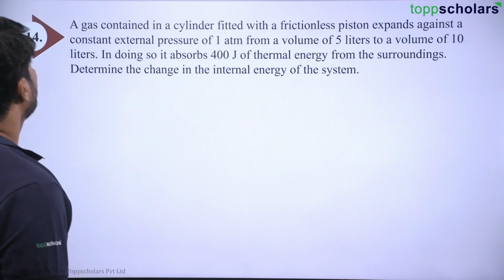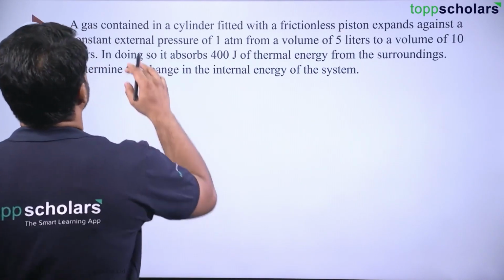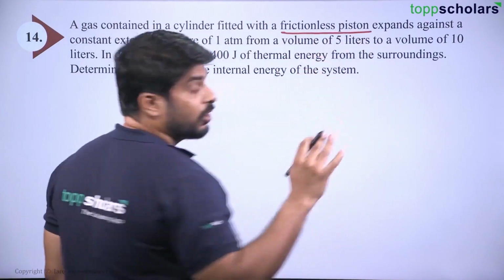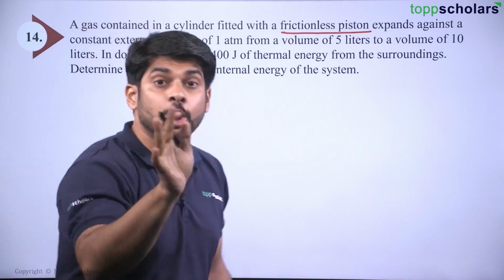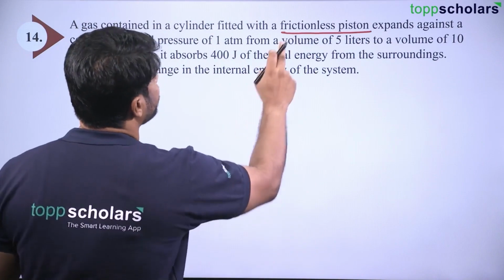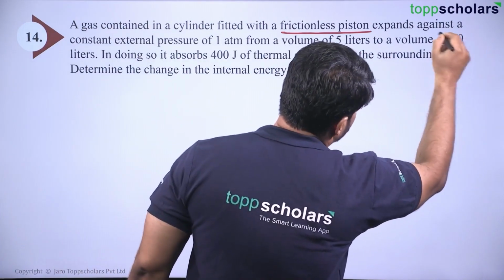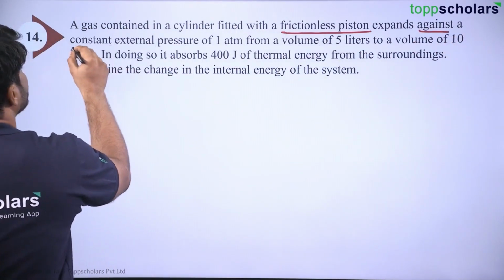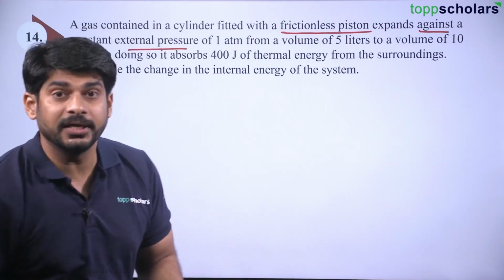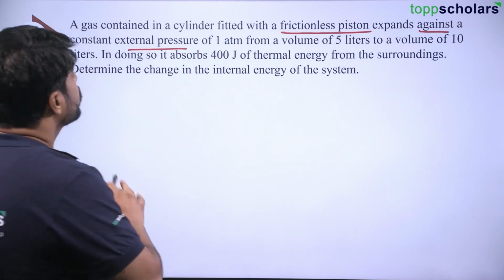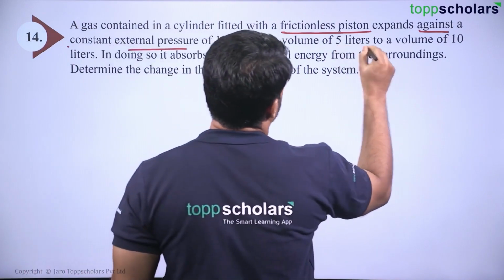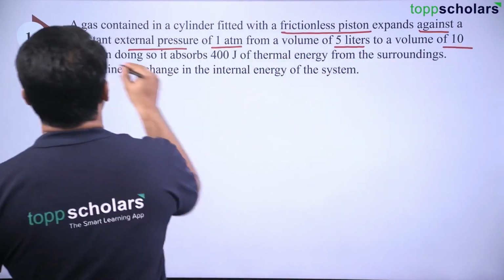Okay, question number 14. So over here we have a gas contained in a cylinder fitted with a frictionless piston. It's a frictionless piston, that means there is no loss of energy. The gas expands against a constant external pressure of 1 atmosphere from a volume of 5 liters to a volume of 10 liters.